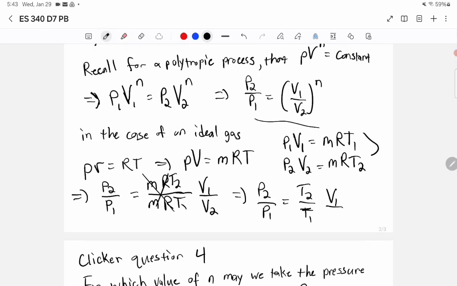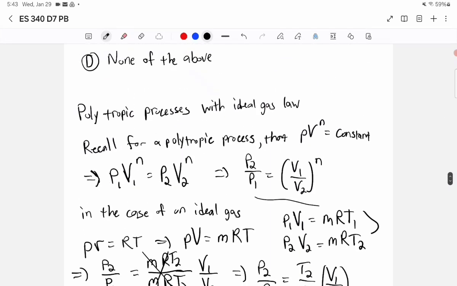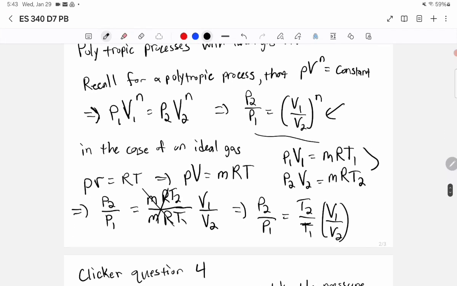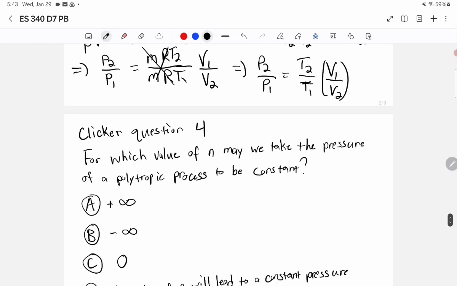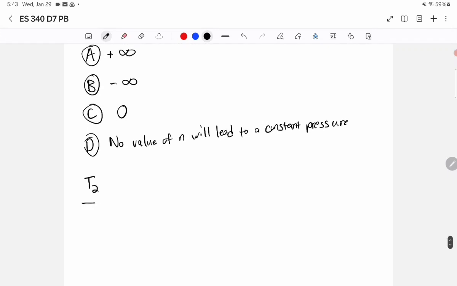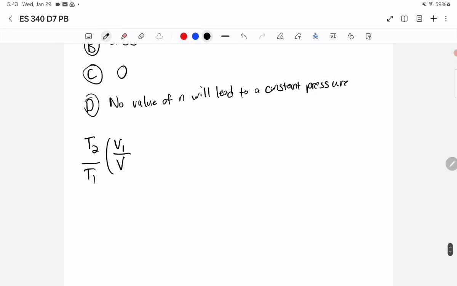times V1 over V2. Now, skipping past the clicker question, remember for a polytropic process that this is true. So I can replace P2 over P1 with V1 over V2 to the n. What that means is that T2 over T1 times V1 over V2 is equal to V1 over V2 to the n.